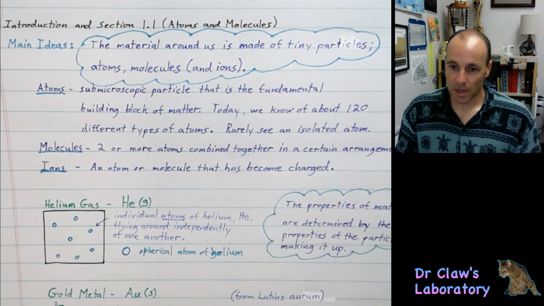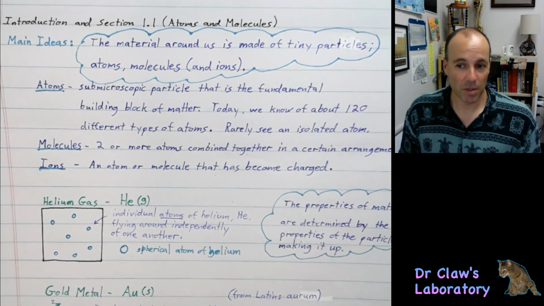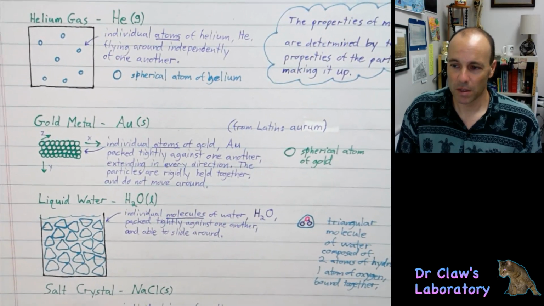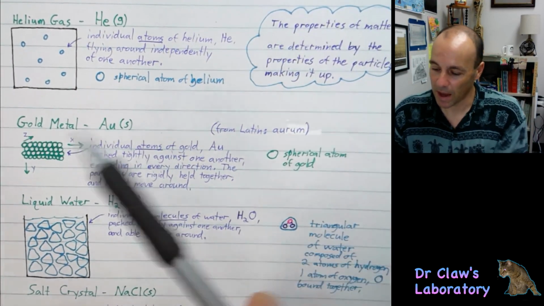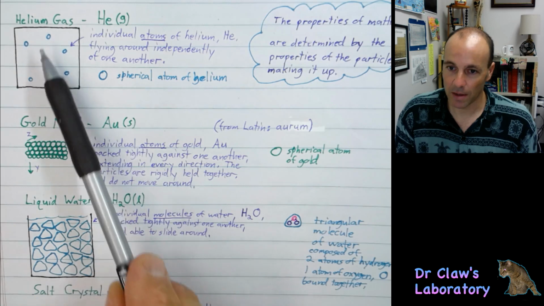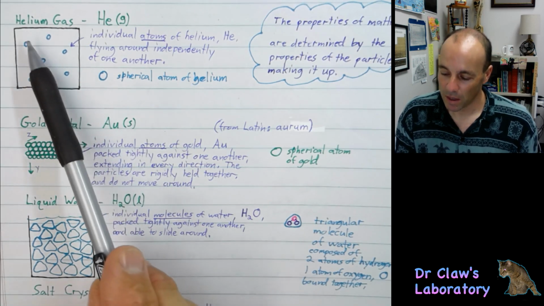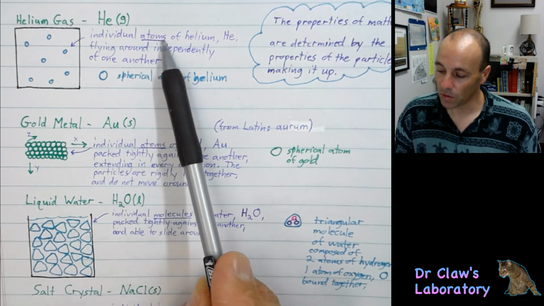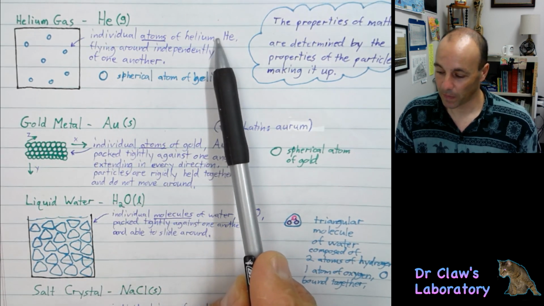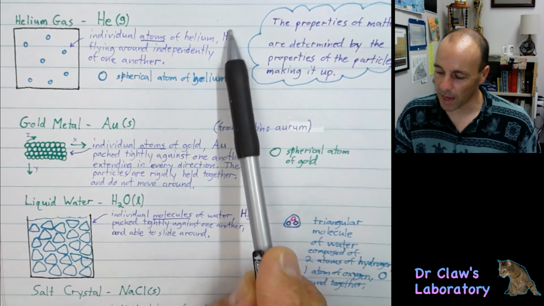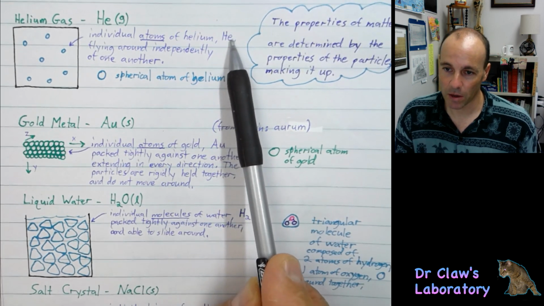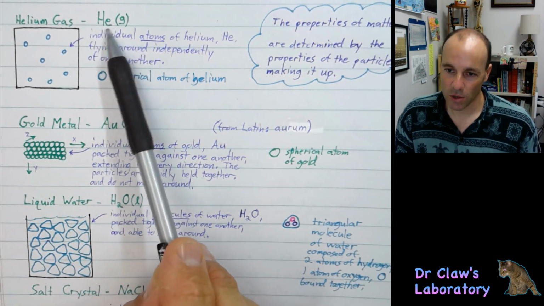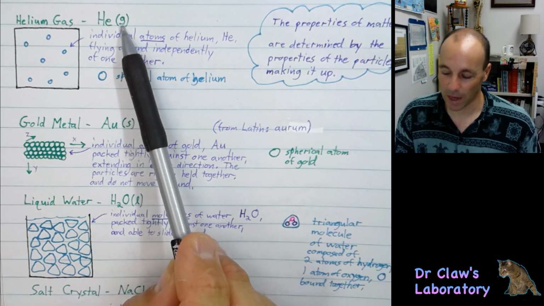Here are several examples of different types of matter and the particles they are composed of. For instance, helium gas. Suppose we have a container filled with helium gas. The particles inside that container are actually individual atoms of helium. The symbol for helium is He, capital H, lowercase e. And since this is a gas, we say it's He, and in parentheses put the G for gas.